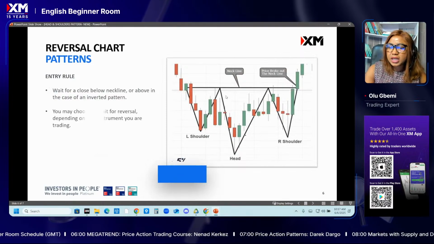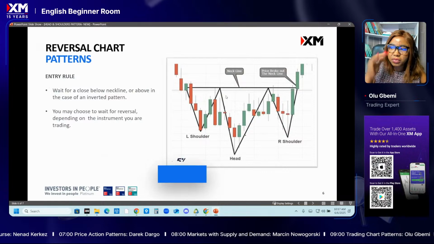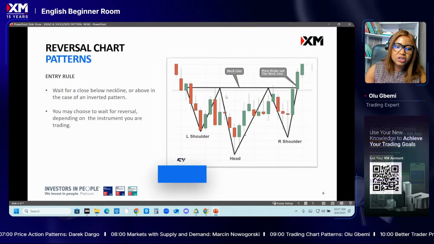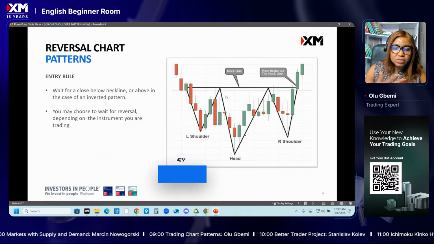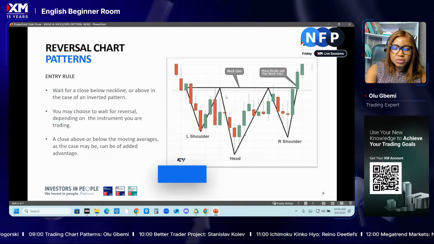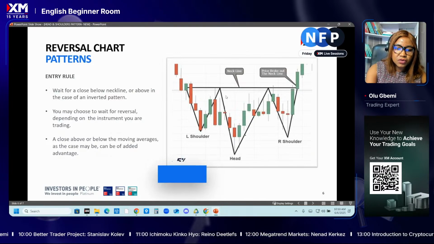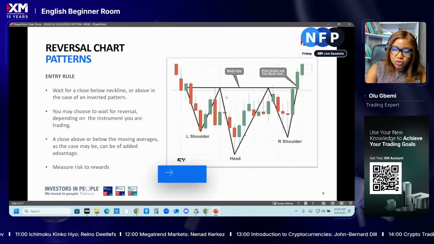Like I explained earlier, a close means that I have to see the body of that candle above the neckline or below the neckline. You may decide that you're going to wait for a reversal depending on the instrument that you're trading. A close above or below the moving average, as the case may be, can also be of added advantage. Also ensure that you measure your risk to reward ratio.